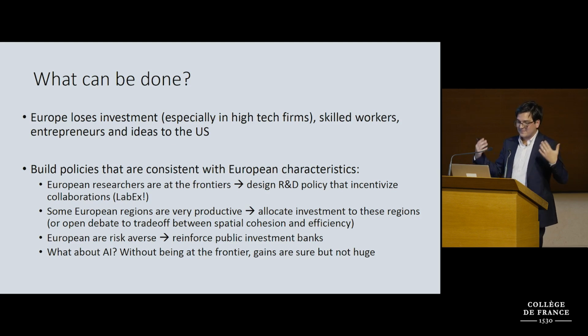I'm not so sure that we can do both. So at some point, I think we should open the debate of whether we want to be at the frontier, to create a new Silicon Valley, or an Airbus of batteries. And that probably means that we need to redirect a lot of investment to the Netherlands, to Belgium, to Austria, which are the more productive areas.